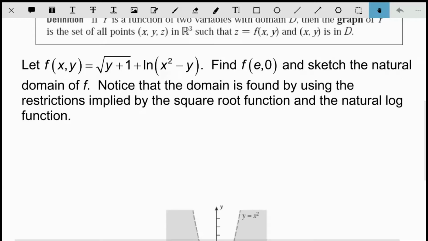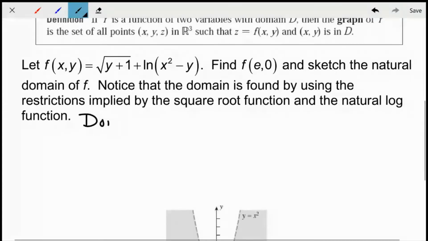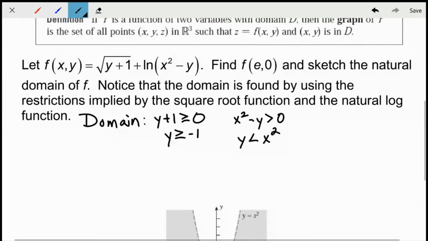So from that, I know that y plus 1 has to be greater than or equal to 0, and that means y has to be greater than or equal to negative 1. In addition to that, with the natural log, I know that the argument for a natural log has to be greater than 0. That means x squared minus y has to be greater than 0, so y has to be less than x squared if you solve that inequality.